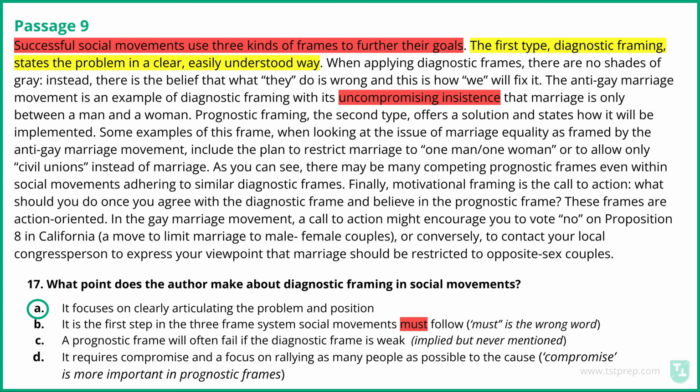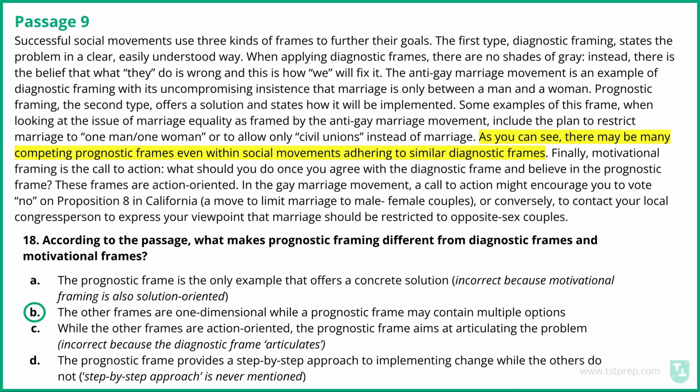A, it focuses on clearly articulating the problem and position. Must is the wrong word. Be careful. For B, it says must. Be careful of these modifiers like must or never, which say like 100% or 0%. They're usually too strong. Not always, but usually.